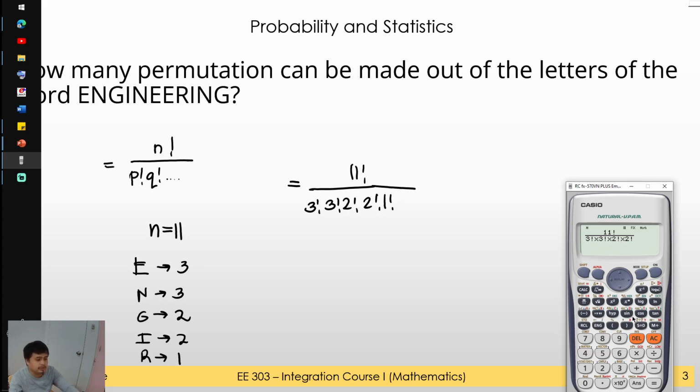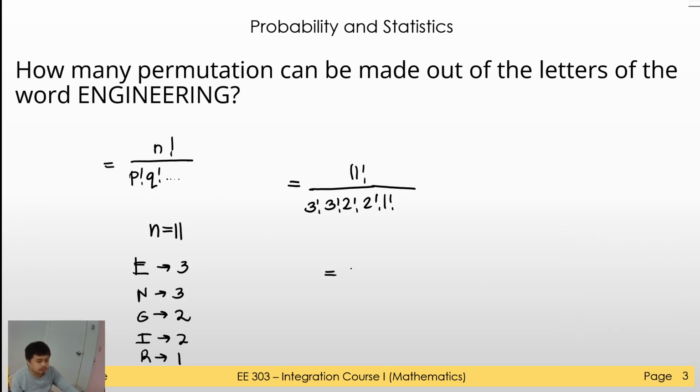You can omit the 1 factorial, since it is 1 and cancels out. So we have 277,200 as the number of ways to permute this word.